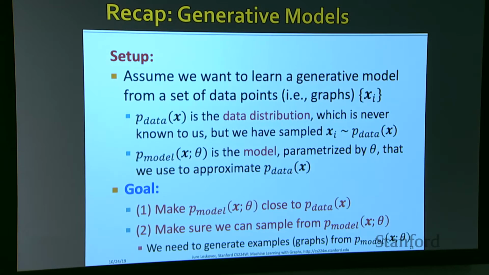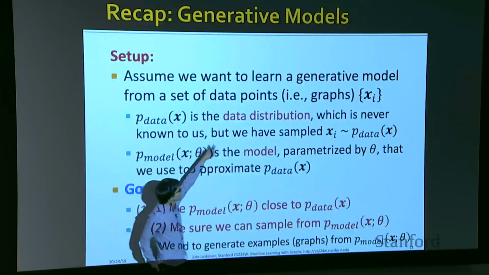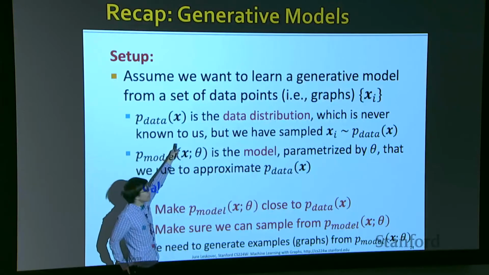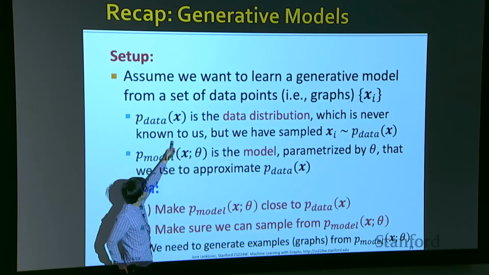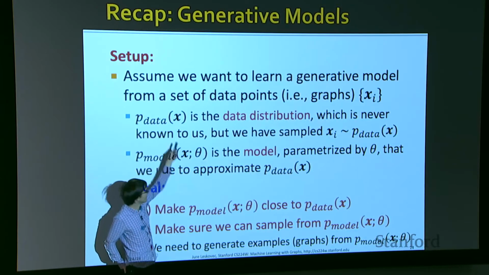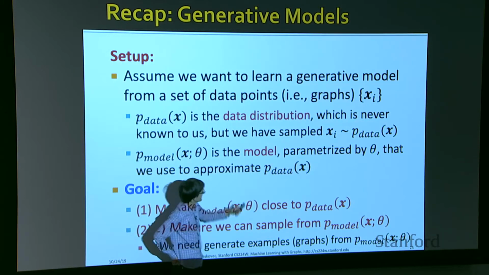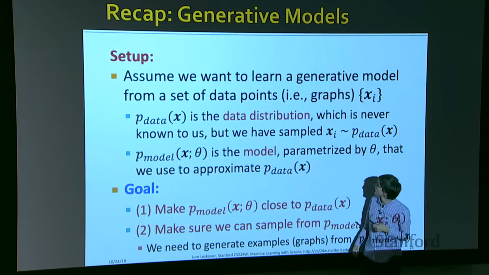The setup is that we assume we want to learn a generative model from a set of data points, or a set of observations. And in our case, observations are entire graphs. Okay. And we will have this P data, which will be the data distribution, which is never known to us, right? This is kind of what God has in his head, or whoever, like nature has it in its head, if you want to think of it that way, right?